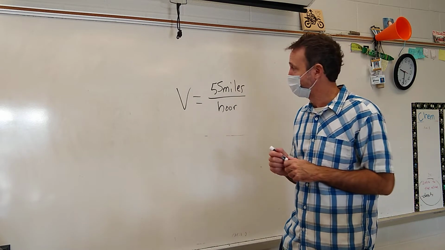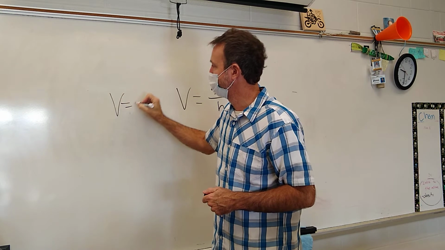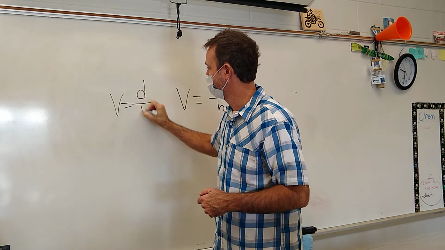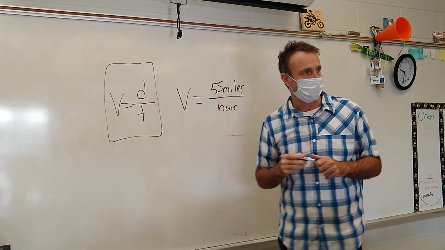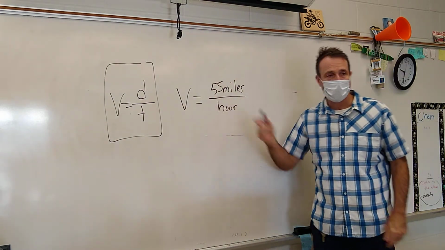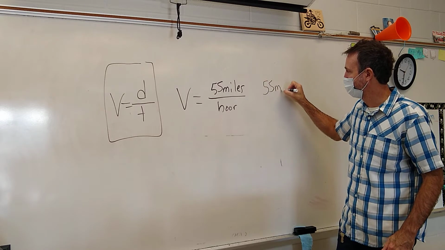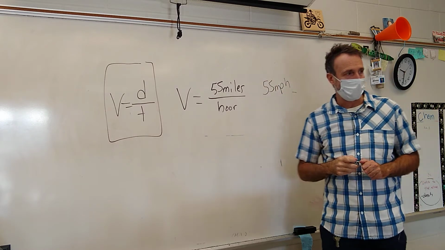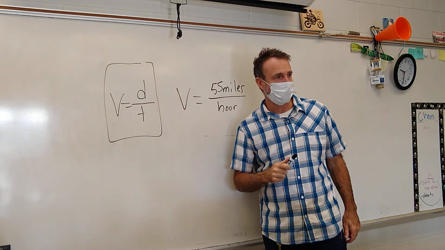D over T. V is equal to D over T. That is the formula for velocity. And you've known that your whole life by seeing your parents drive their car at 55 miles per hour. Miles per hour. Does that make sense?